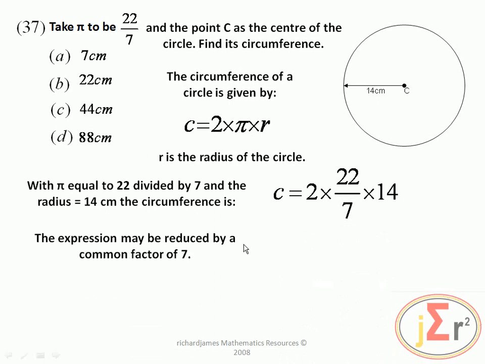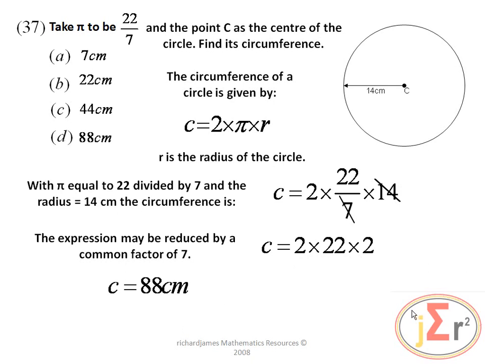The expression may be reduced by a common factor of 7. So 7 into 14 will give 2. So we have 2 multiplied by 22 and 7 into 14 is 2. So C is equal to 2 multiplied by 22 multiplied by 2.